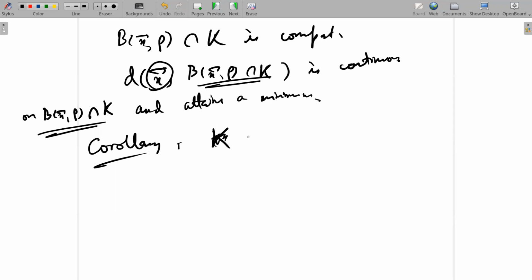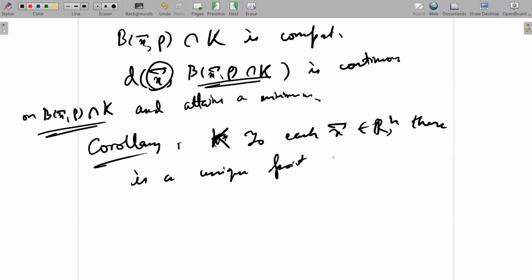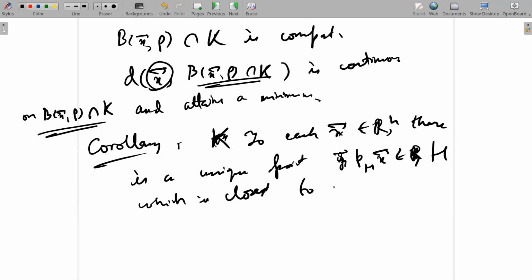So the corollary will be: to each x in R^n, there is a unique point, say P_H(x), in H, which is closest to x. So here H is a hyperplane.